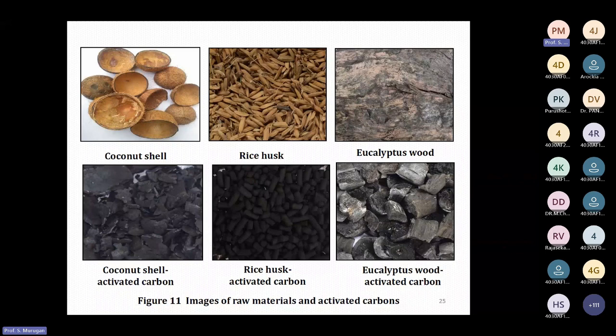If you see the last picture, the eucalyptus wood activated carbon size is still larger. Characterization of these activated carbons is very important before you use them as adsorbent for CO2 capture. So we characterized these activated carbon samples which are obtained from coconut shell, rice husk and eucalyptus wood.